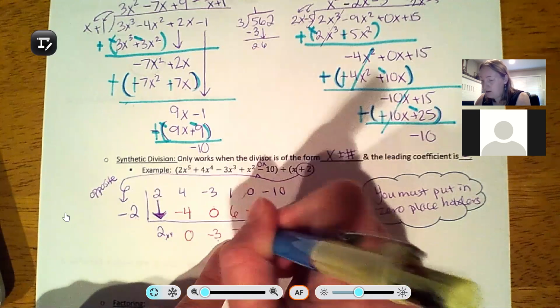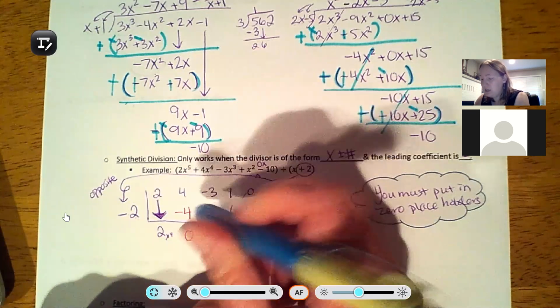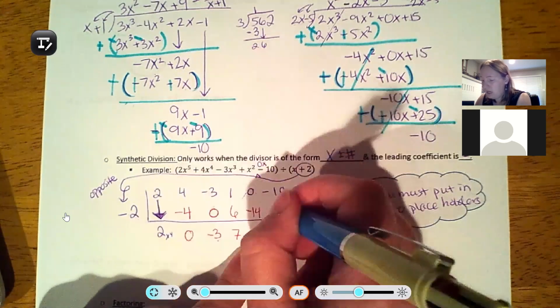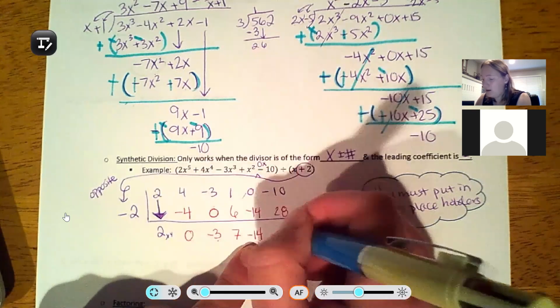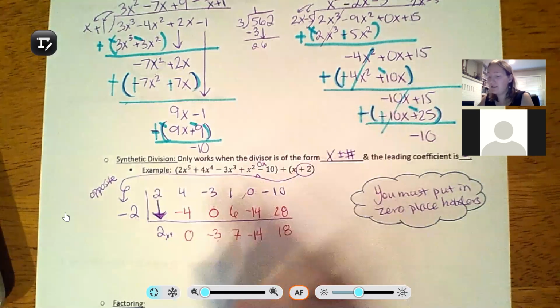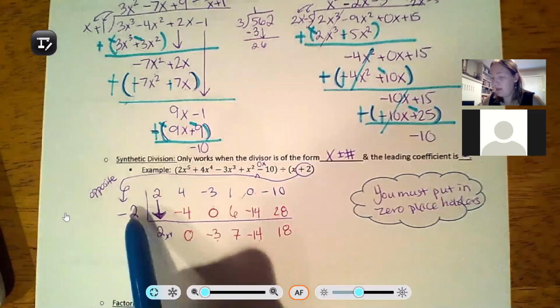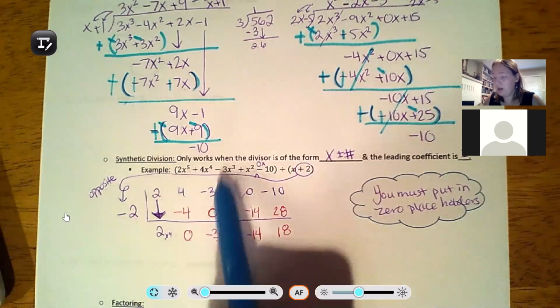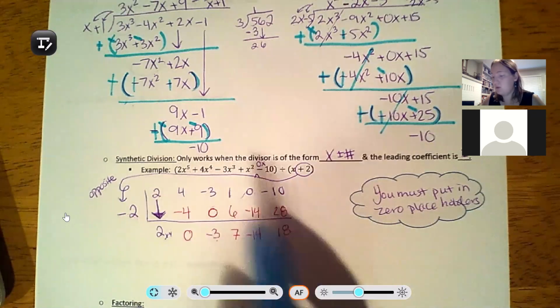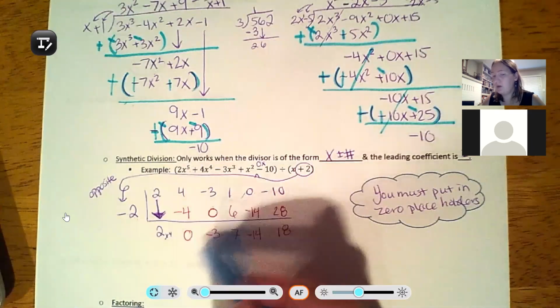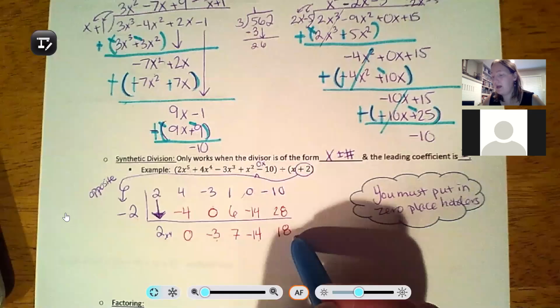And then you add. -14 times -2 is 28. And then you add. So once you've got this set up, which is the purple part, then you just start multiplying by this and then adding each of the columns. So multiply and add, multiply and then add, multiply then add until you're all the way to the end.